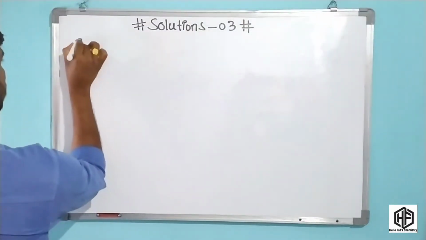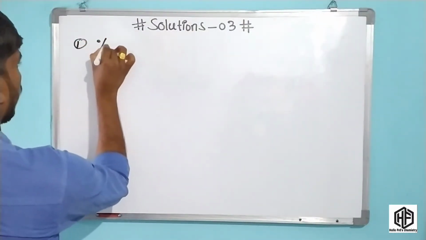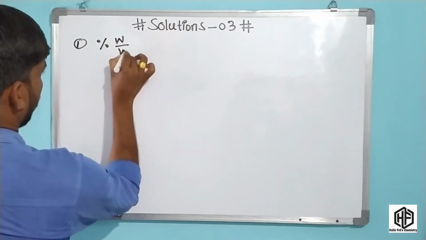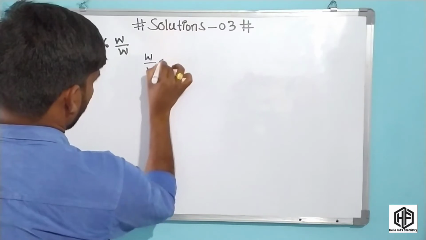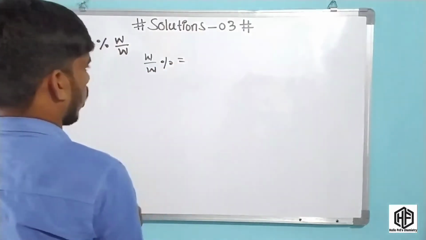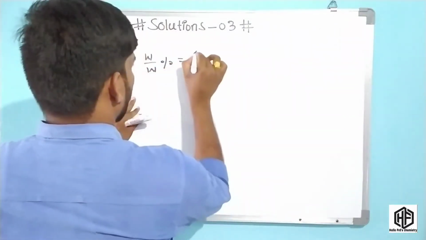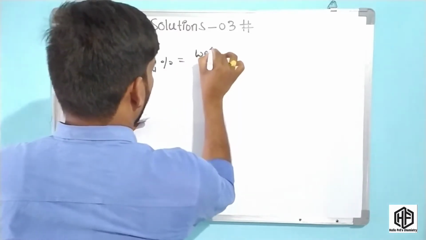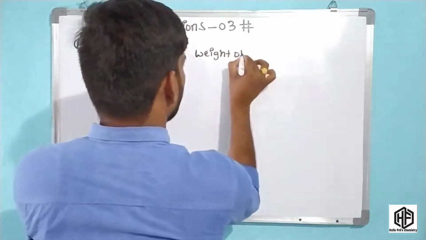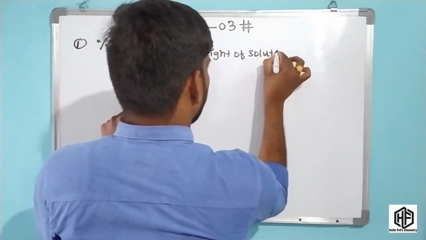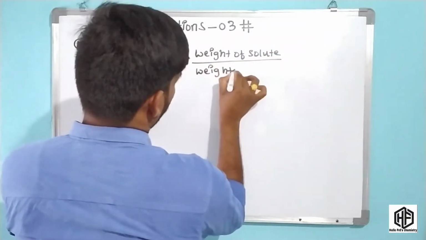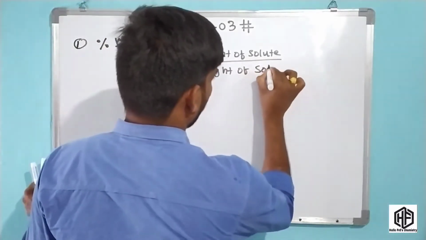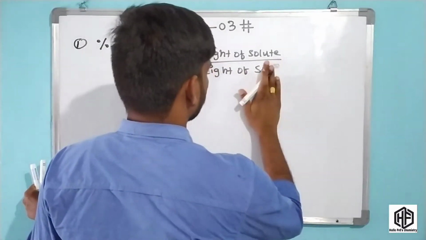The weight by weight percentage formula is the weight of solute divided by the weight of solution.